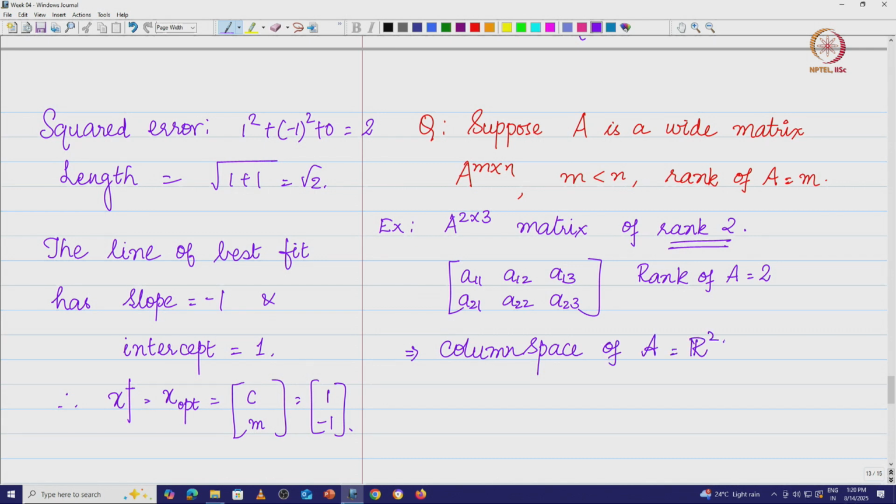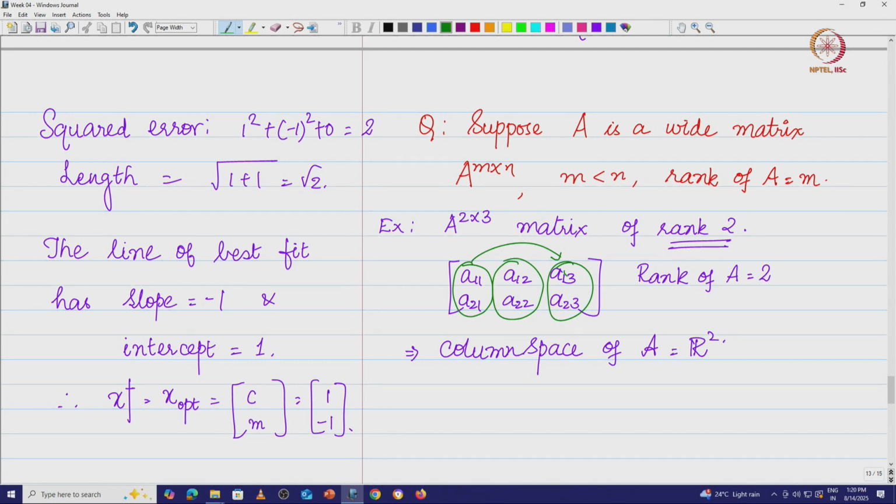Now, what do we mean by that? Look, if you take the first column and the second column to be linearly independent, then the third column is naturally a combination of the first 2 columns. Or if you take the second and third columns to be linearly independent, then the first column is a combination of the second and third. Or if you take the first and third columns to be linearly independent, then the second column is a combination of the first and third.